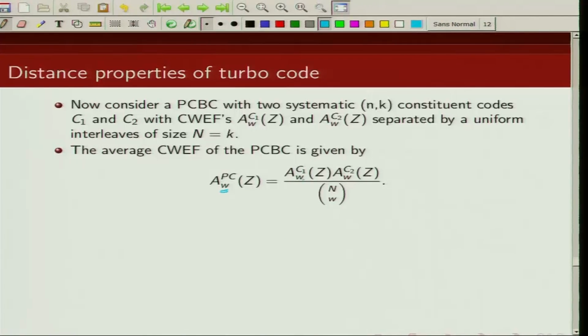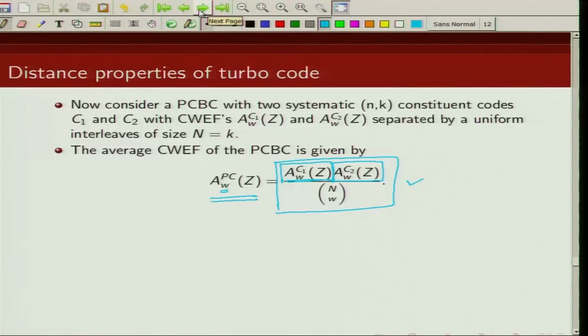For the first encoder, with input weight W getting in, this gives the conditional weight enumerating function corresponding to input weight W. Similarly, for the second encoder, this will be the weight enumerating function for input W, and then averaging over all possible interleavers, I get this average conditional weight enumerating function given by this expression.